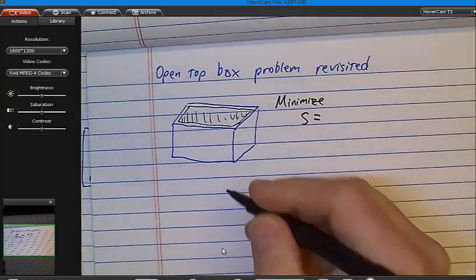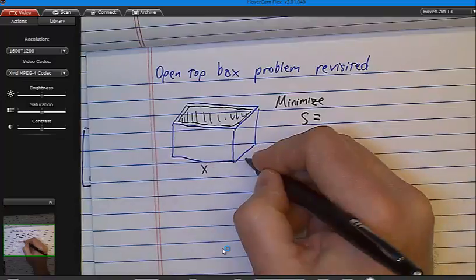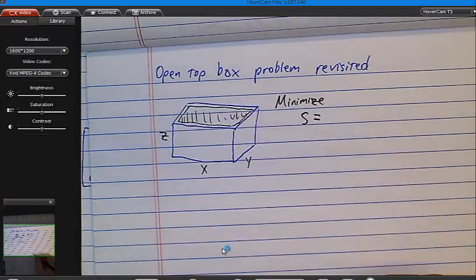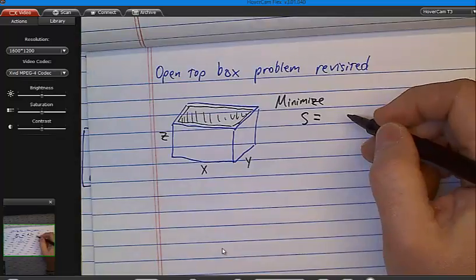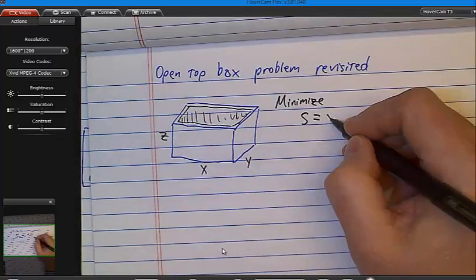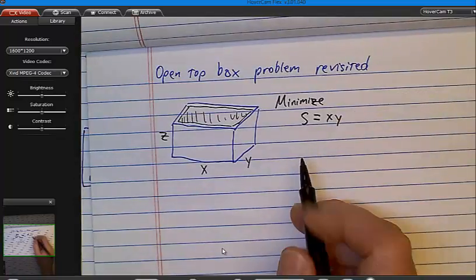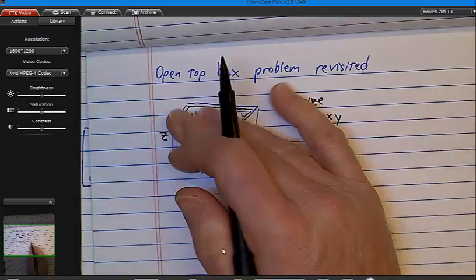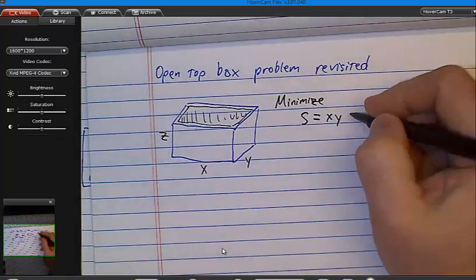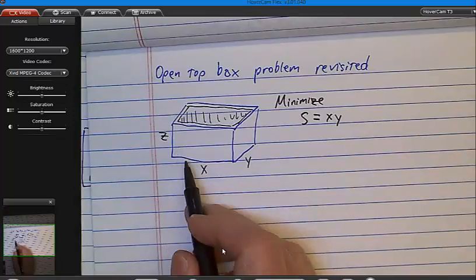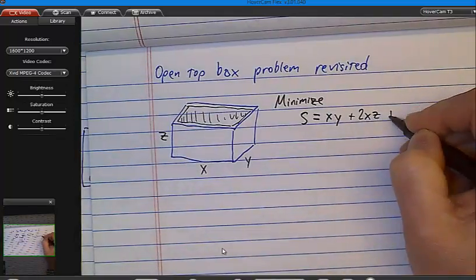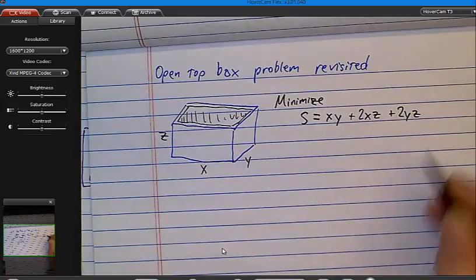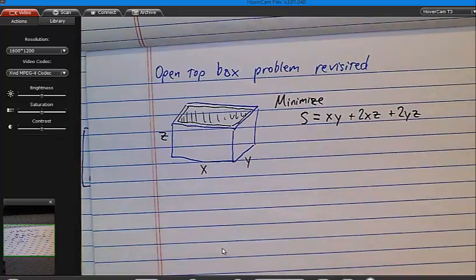I think the way we did it, this was x and this was y and then the height was z. So it was 2xz plus 2yz plus xy. Right, we had xy just by itself because we had no top. So xy, but then the xz is the front and also the back, so we had 2xz and also 2yz. So that's what we're going to minimize.